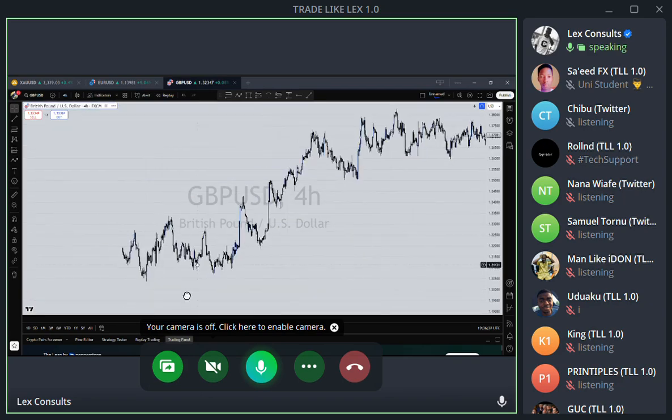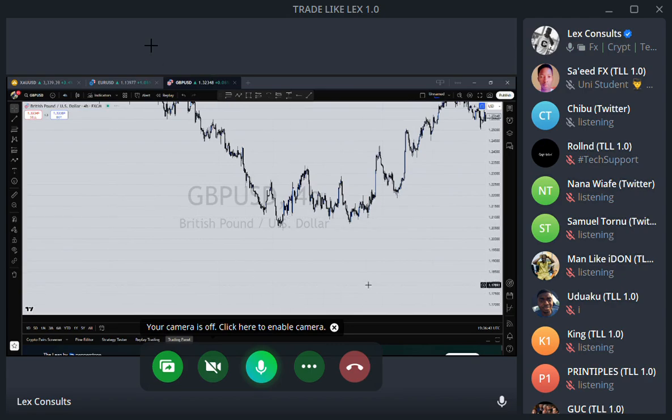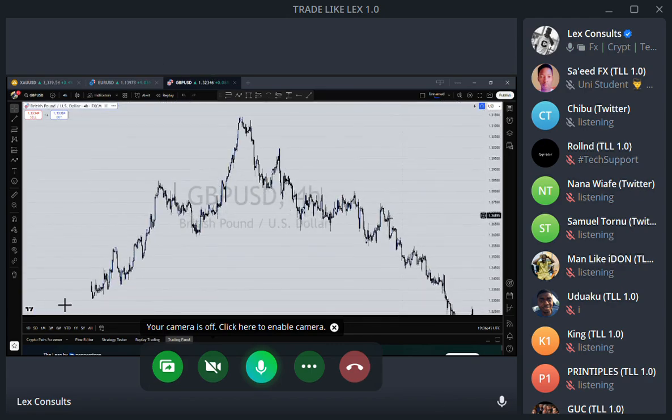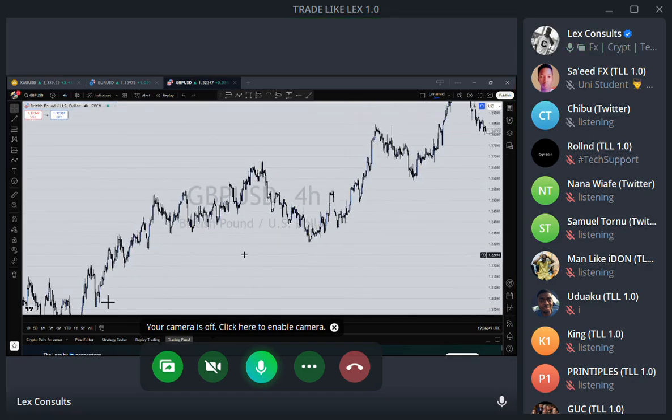I don't think GU is symmetrical triangle friendly. We'll check EU for some other patterns.